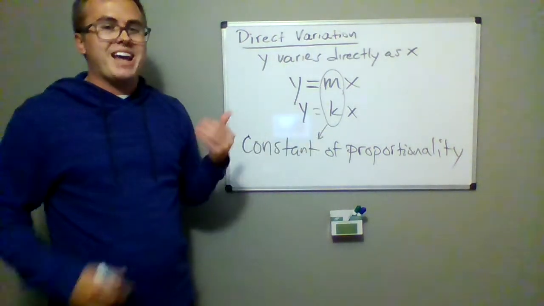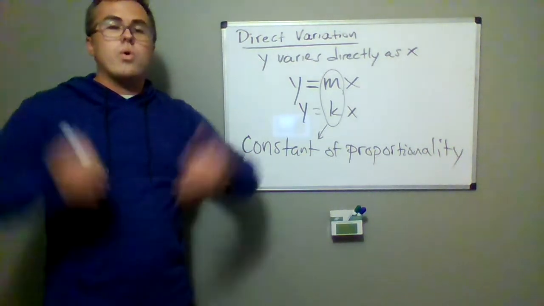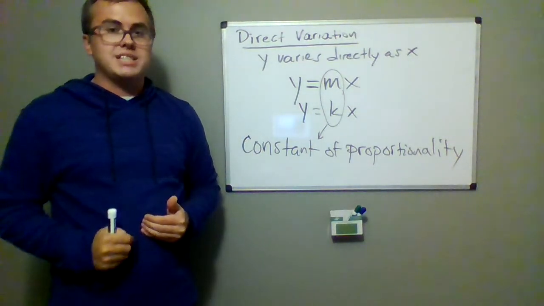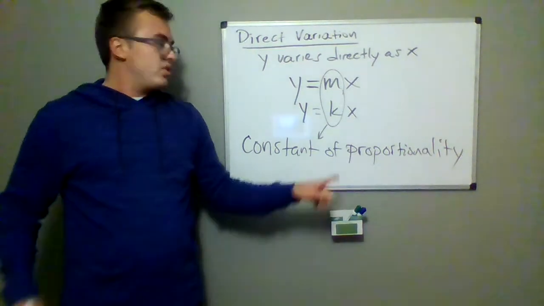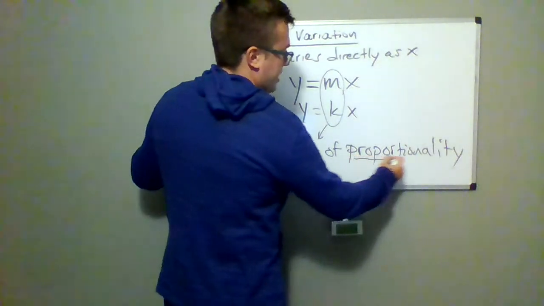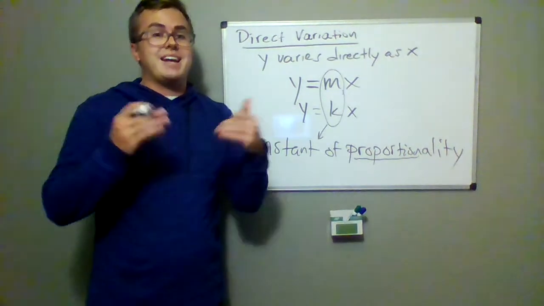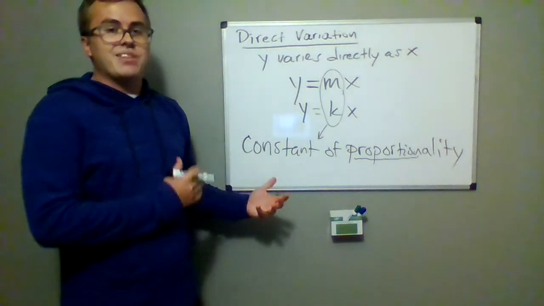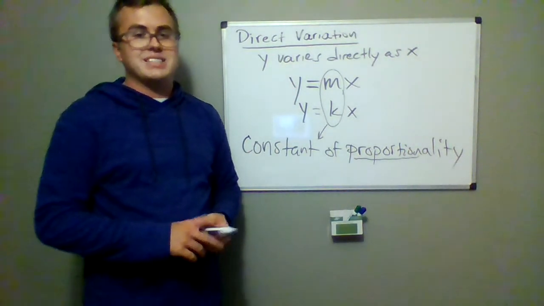That's that multiplication factor, that constant that we're multiplying by, or when we're looking at a table, that's the constant pattern that we're seeing. And in proportionality, there's a word in there that we already should know: proportions. You should know that's dealing with fractions and equivalent fractions that we need to look at. So we're going to dive right into direct variation by looking at some examples.